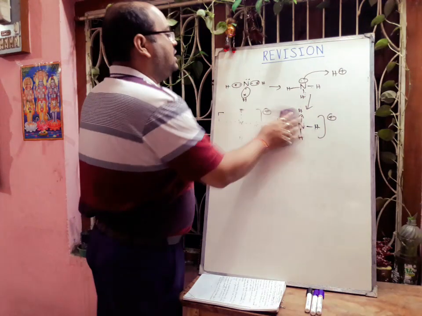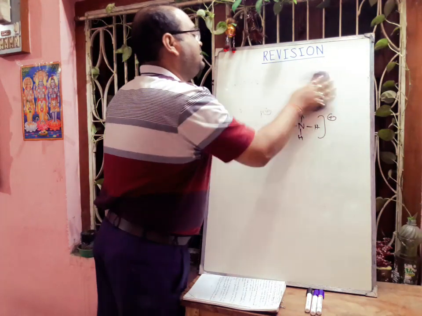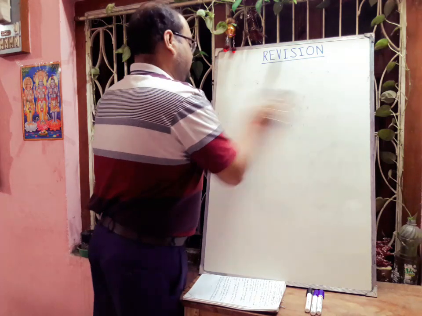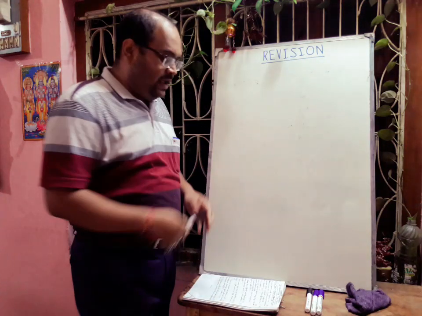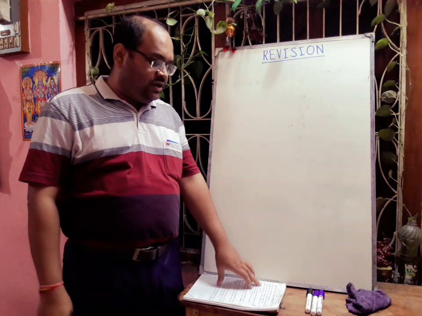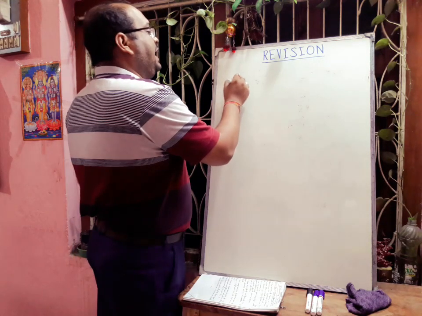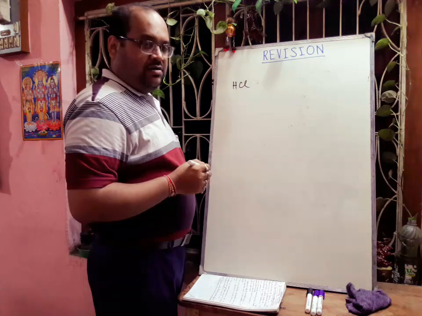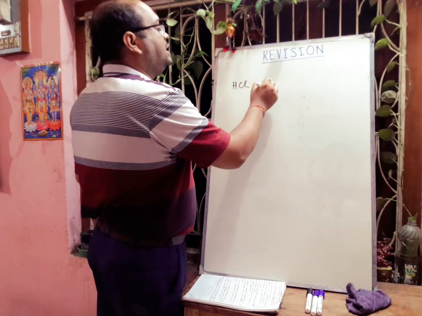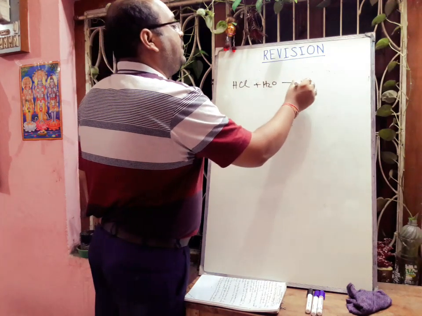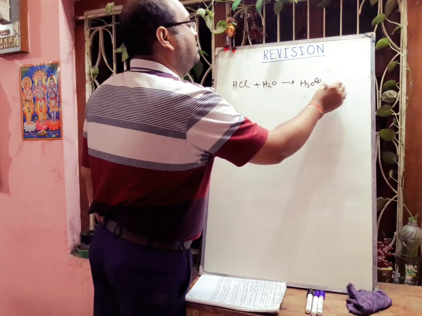Your next question in the chemical bonding revision test was, name two polar covalent compounds which on dissolving in water produce ions. Just now I have discussed that HCl is a polar covalent compound. Whenever you add water, it will dissolve in water, forming H3O plus Cl minus.